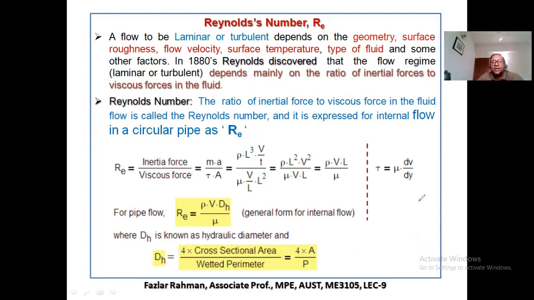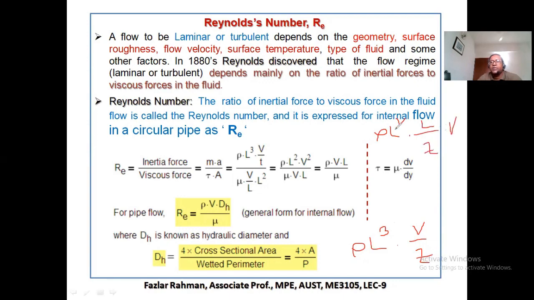At the top, you have rho L cubed divided by V by T. We can simplify this more. We can write rho L squared, L by T, into V.